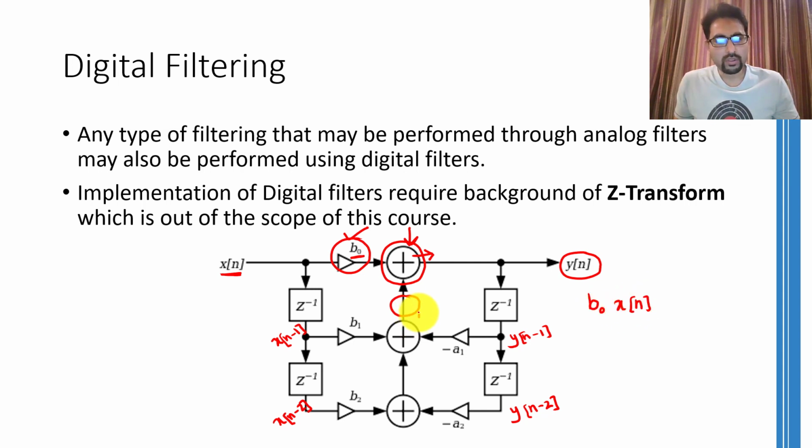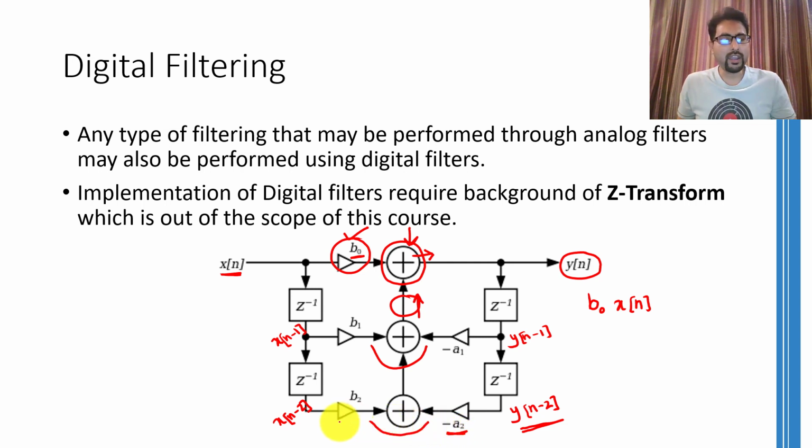Secondly, now what about this term? This term is in turn a combination of multiple terms coming from these locations, and furthermore these terms are coming from these locations. So we will start from the bottom and go upwards. At the bottom we can see that there is the previous to previous output, that is y of n minus 2, multiplied with minus a2, a constant.